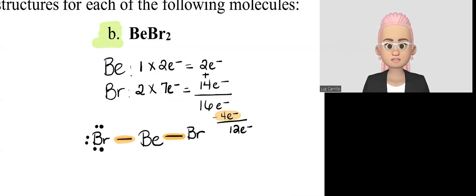That bromine on the left already has its octet. Since I added 6 dots, that means I already used 6 electrons out of my count for bonding. So there are 6 electrons left. Let me highlight them.